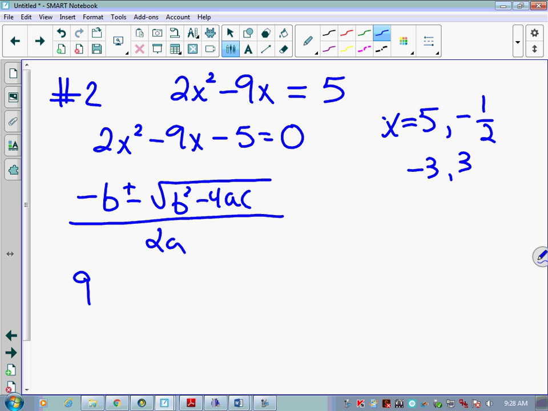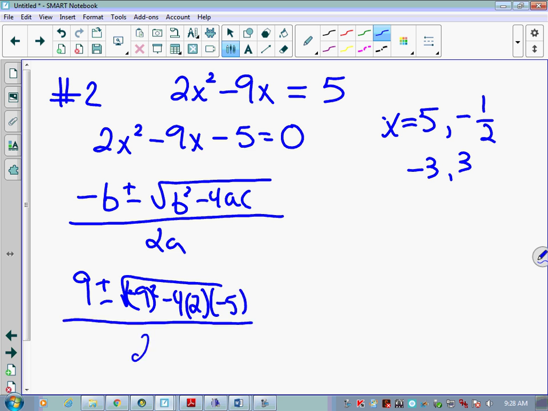Okay, I'm not saying this is the only way to do this, but it is a way. So I would get 9 because I went negative b. So if it's negative 9, it's going to be positive 9 here. Plus or minus the square root of negative 9 squared. Okay, be careful with that. Minus 4 times 2 times negative 5, all over 2 times 2.